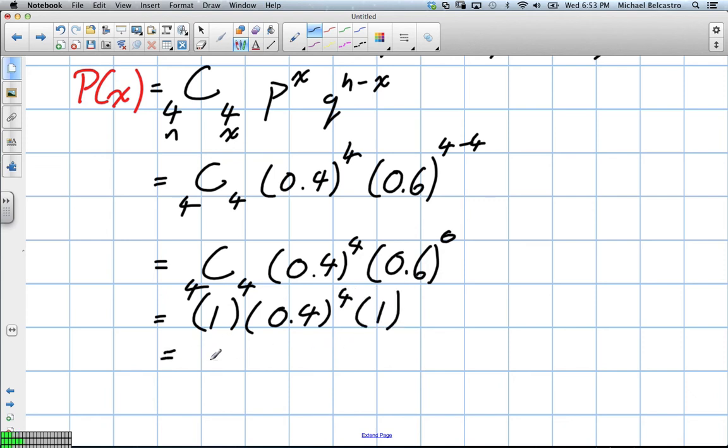So in other words, we really just have 0.4 to the power of 4, which is going to equal 0.0256. In other words, being roughly a 2.56% chance of all 4 of those numbers being prime.